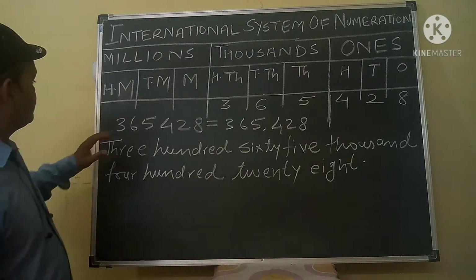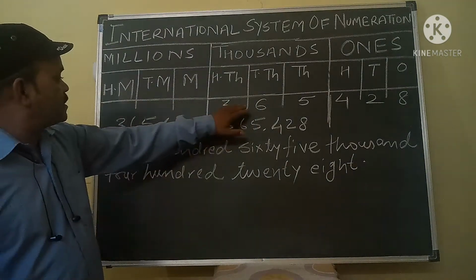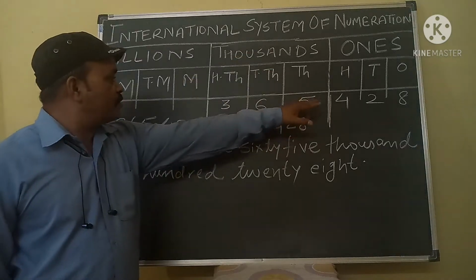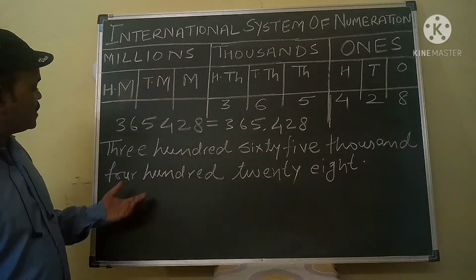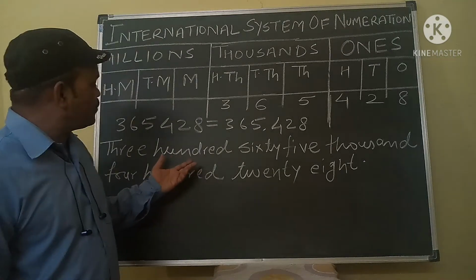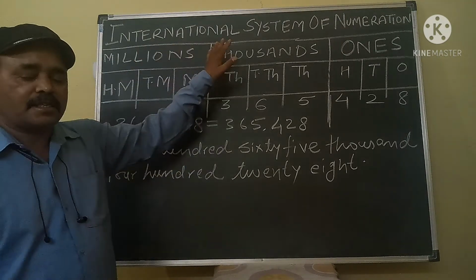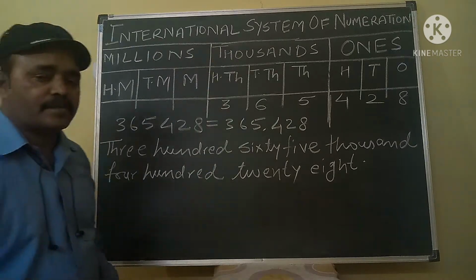Okay, 365,428. Okay, so this is one example about the International System of Numeration.